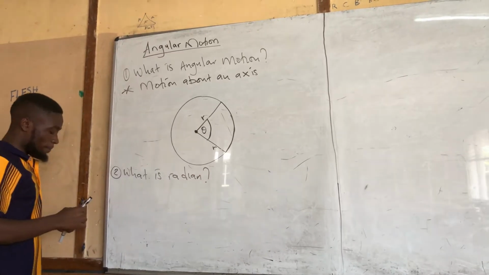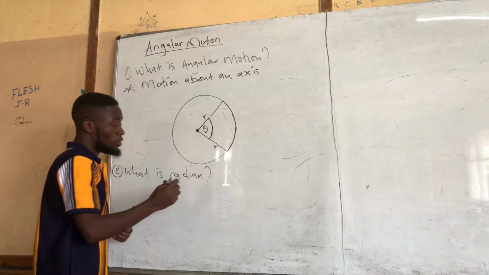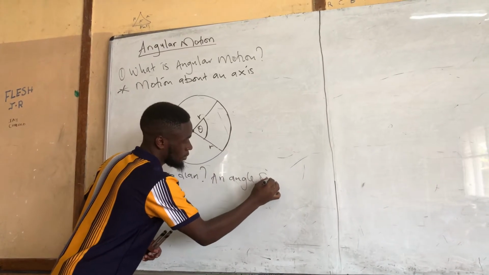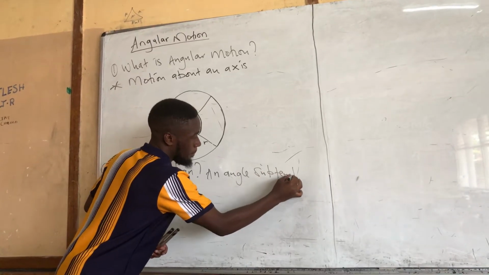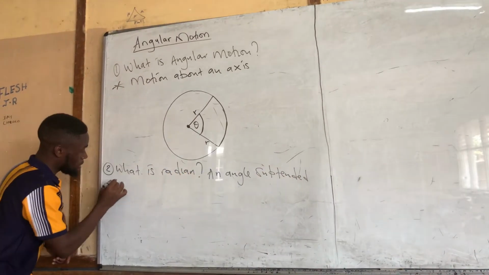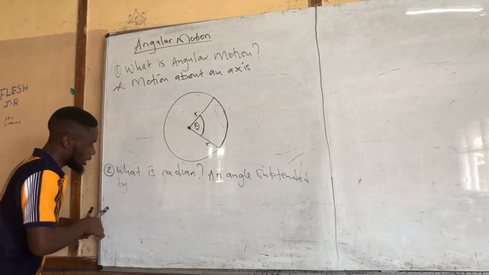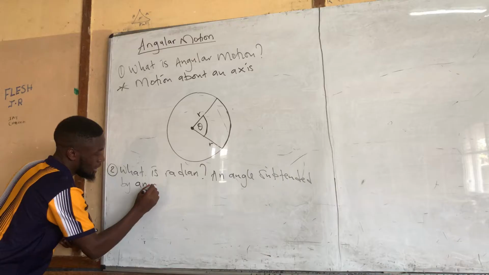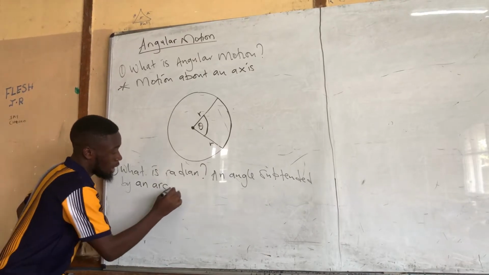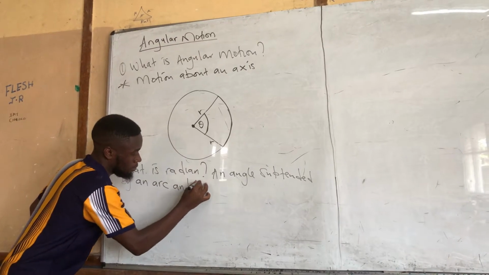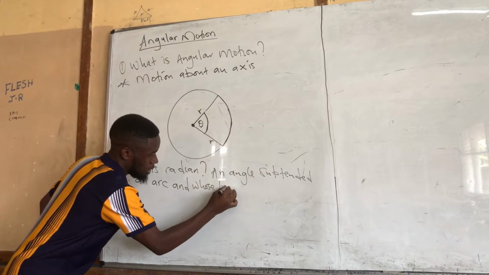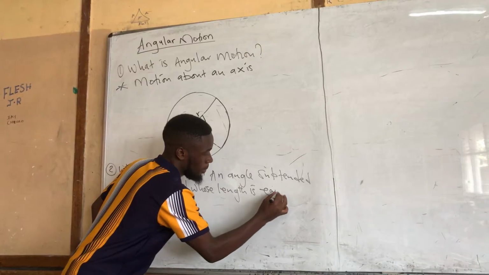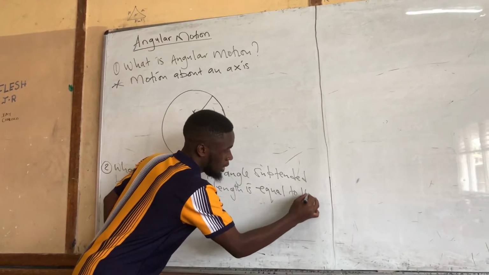So radian, we're just talking about an angle subtended by an arc, and whose length is equal to the radius of the circle.